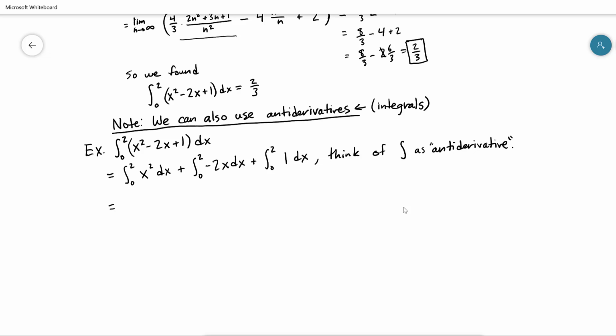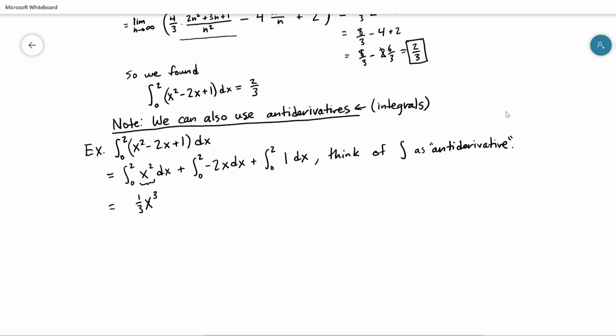So for this first one, I want to find the antiderivative of x squared. The antiderivative of x squared is going to be x cubed with some coefficient out in front. When I take the derivative of x cubed, I won't get x squared, I would get 3x squared. I don't want that 3, so how do I make up for it?